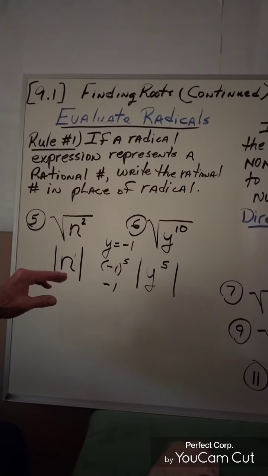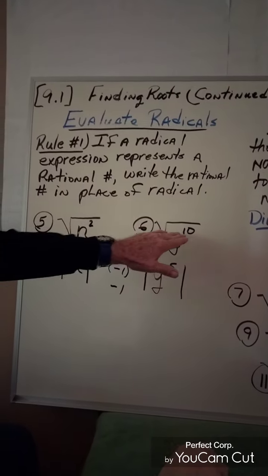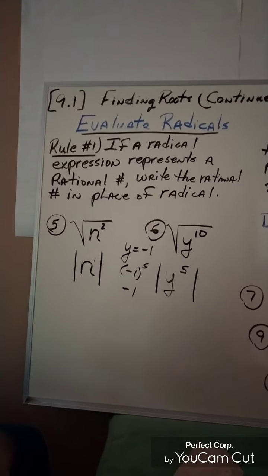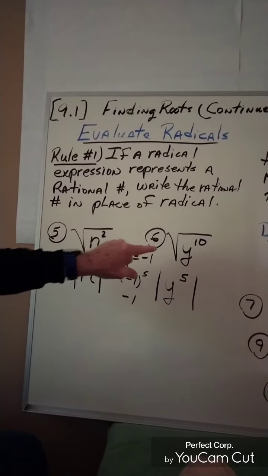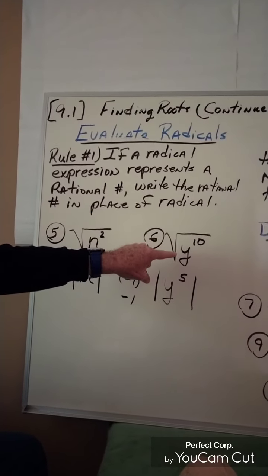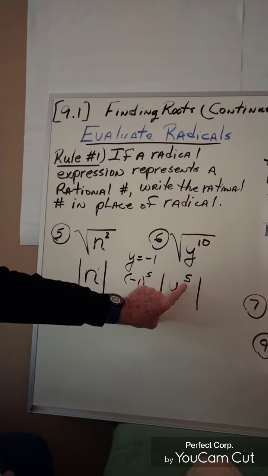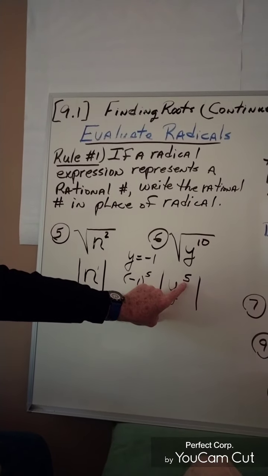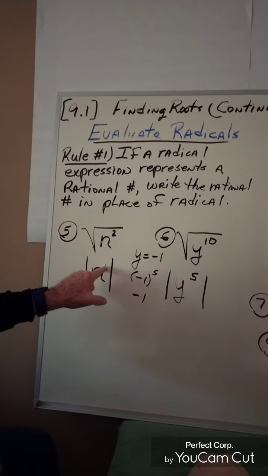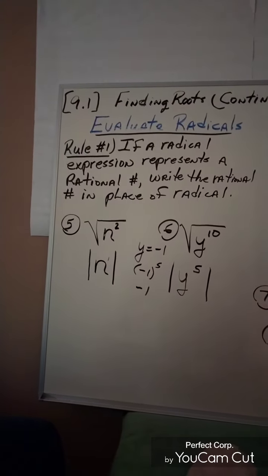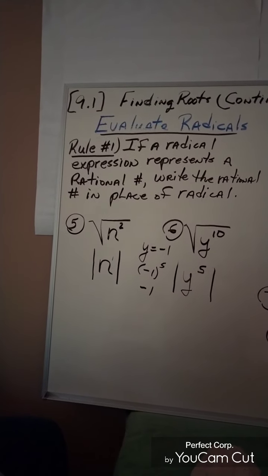Here's the rule. If the radicand is a variable expression and it represents a rational number, once you have determined the root, if the exponent on your root answer is odd, you would ordinarily need to use an absolute value symbol.